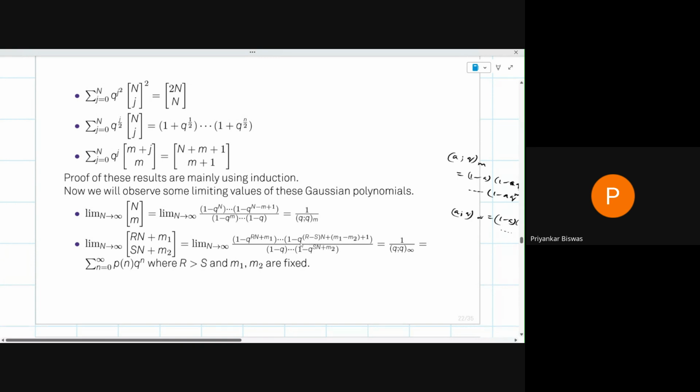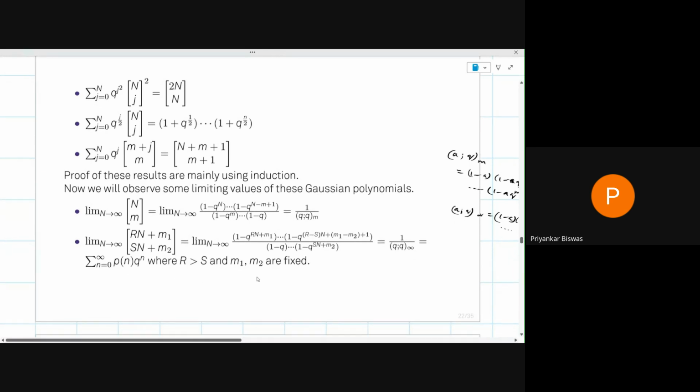So this part will go to 1, and this would go to (q;q) infinity, which is nothing but the generating function of partition functions.